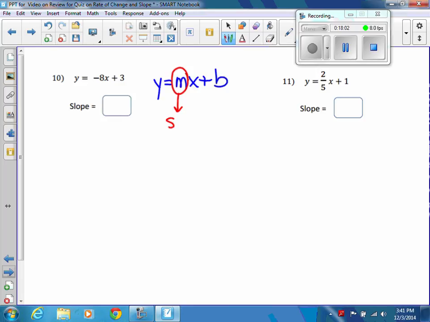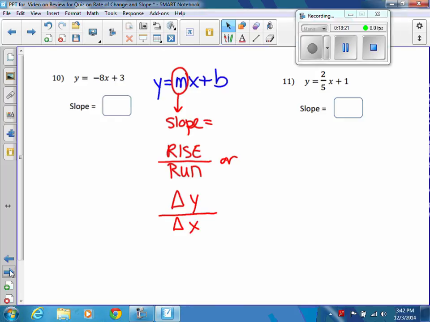Hopefully you said slope, which is also equal, remember, to rise over run. Or we could also now talk about the change in y over the change in x. Remember that triangle means change. So these are the different ways that we can see this. It's slope, it's rise over run, and it's the change in y over the change in x.